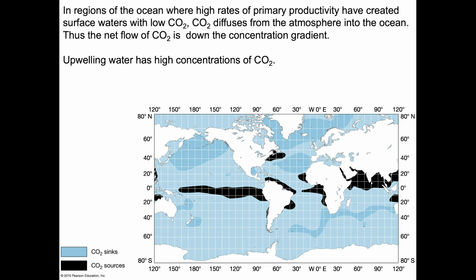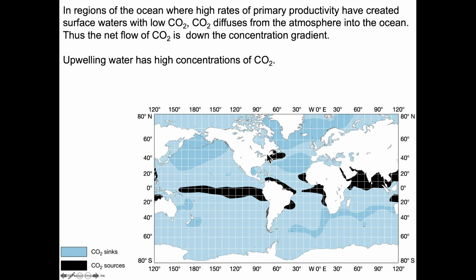Upwelling water, on the other hand, has high concentrations of CO2 because of the decay of all that organic matter. As the water ages and the oxygen is consumed, CO2 is generated. When that pops up to the surface, that water is going to be rich in CO2. So this is a global map of CO2 sinks and sources.